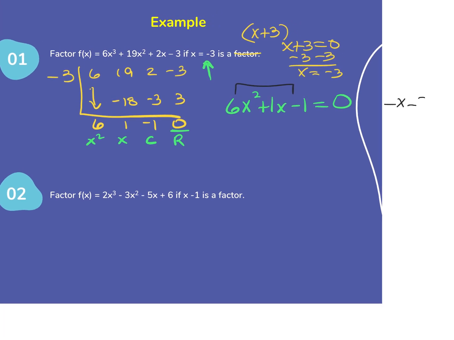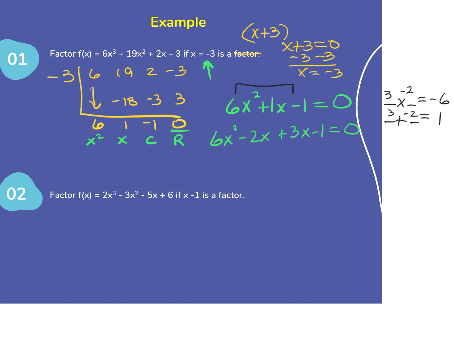So two numbers that multiply to give me negative 6, but add to give me the positive 1. Those factors are going to be positive 3 and negative 2. So again, rewrite the first term, put in one of the two factors. The order that you place them does not matter.